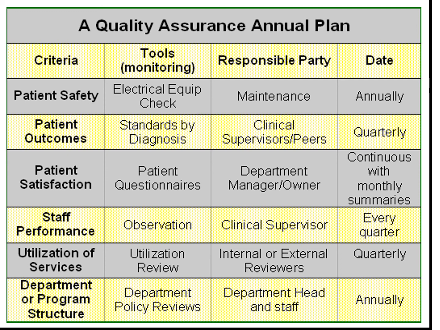Or you have a daily monitoring of your refrigerator if you keep any medications in there. Or quarterly patient outcomes and patient satisfaction surveys. As I mentioned, you do that all the time. Anytime a survey comes in that's really not a great one, you follow up with. So this is an annual plan that looks at patient safety, patient outcomes, patient satisfaction, staff performance, and so that's really a well-rounded plan.